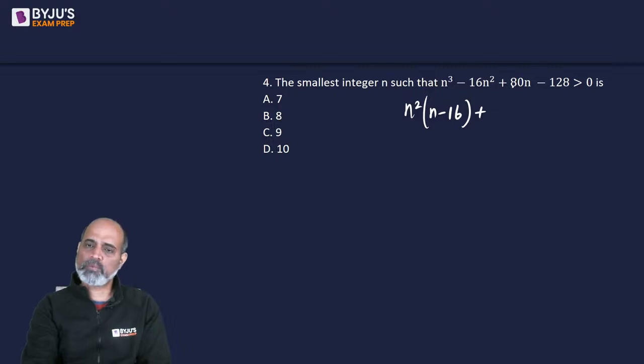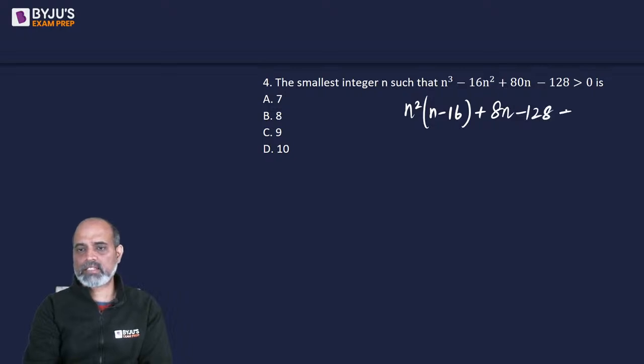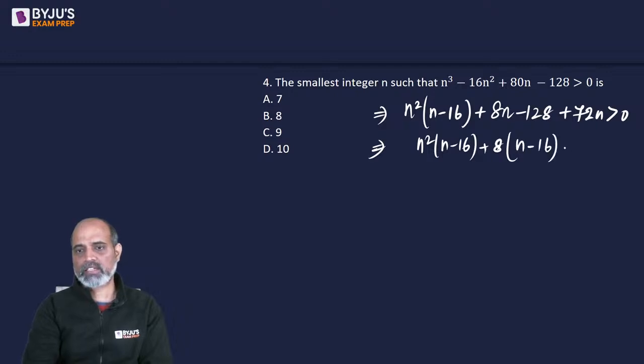No. So what I'm going to do is, since we have 80n, I will break it down as 8n plus 72n, greater than 0. So this will become n square into n minus 16, plus, if I take out 8, I will again have n minus 16, plus 72n greater than 0.